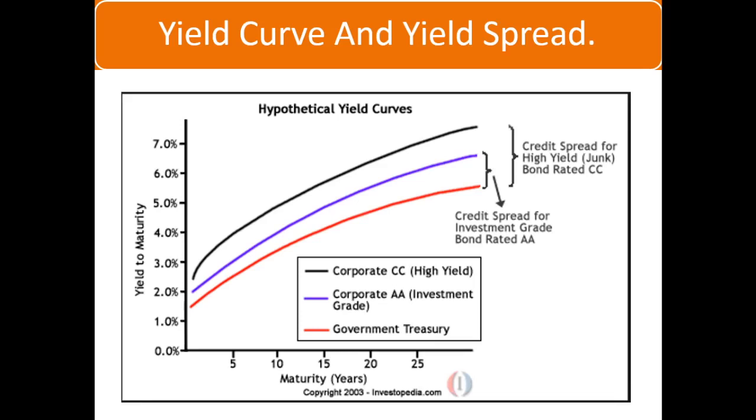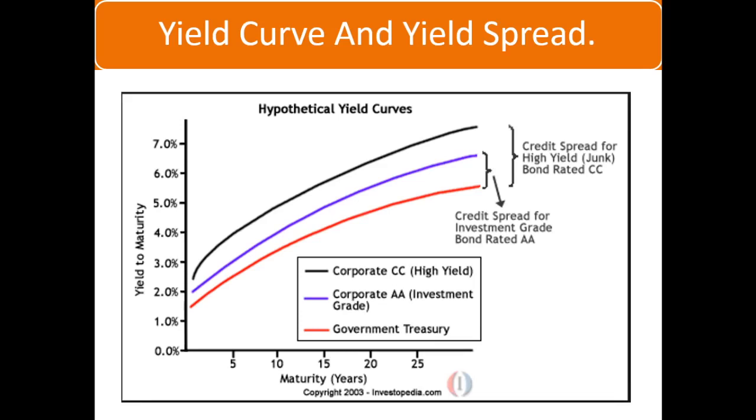For government bonds, it is assumed that the government will always pay you back. Government will not default. They have the utmost, the best credit worthiness. So they are called sovereign, and all other bonds are identified as corporate bonds.